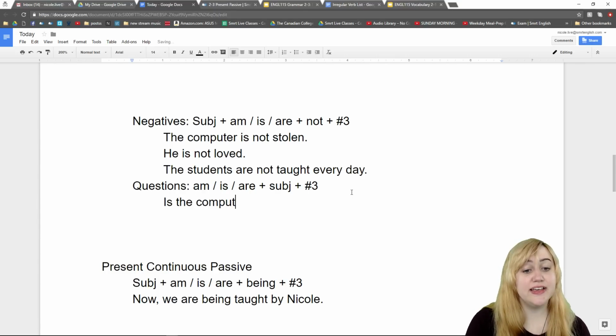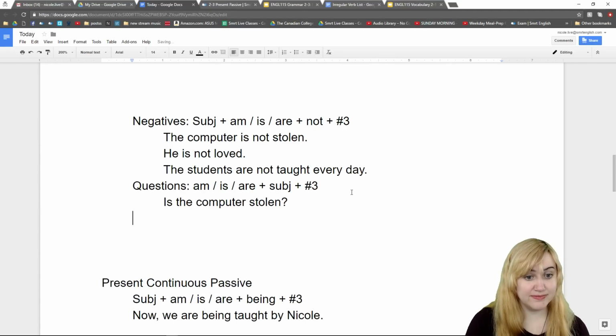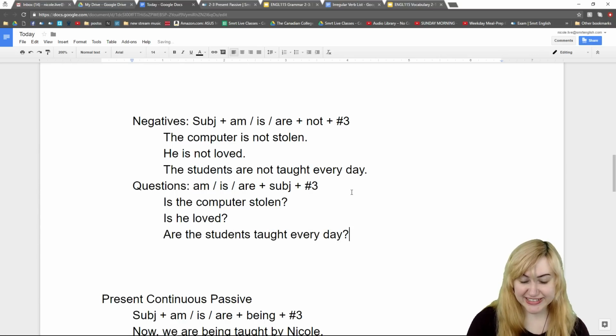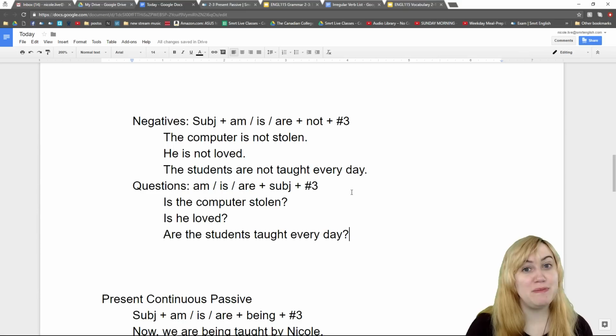Is the computer stolen? Or is he loved? Or are the students taught every day? So just like that, we just switch our subject and our be verb. And that's how we make questions.